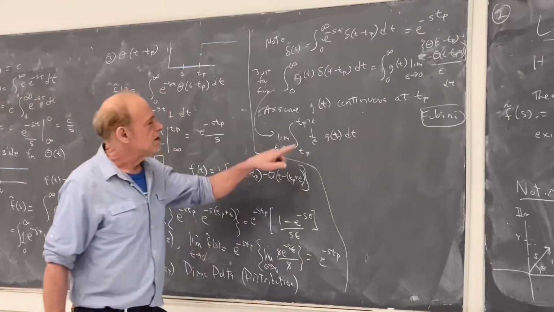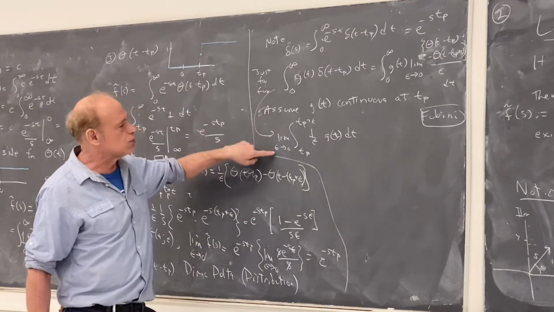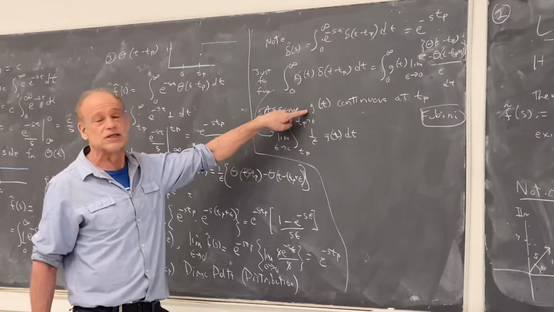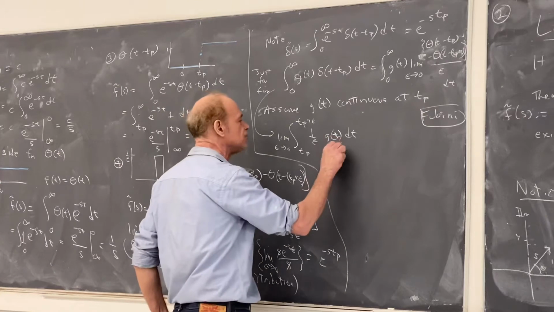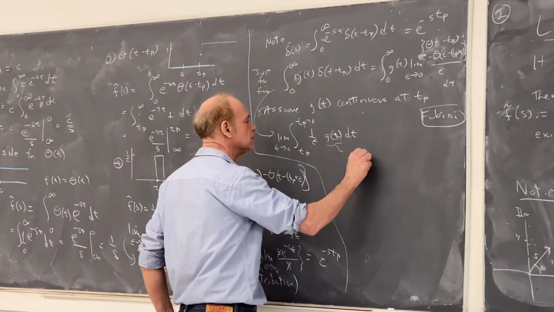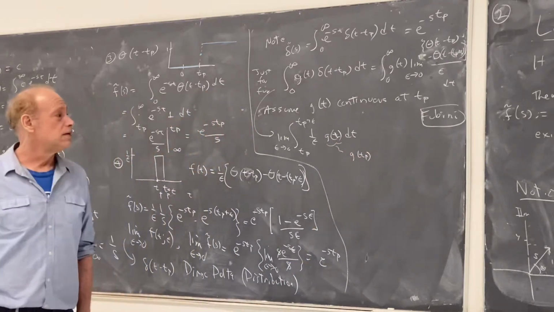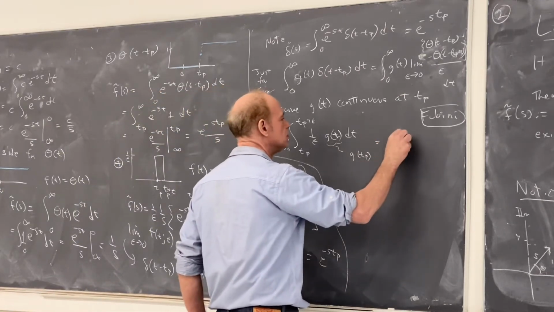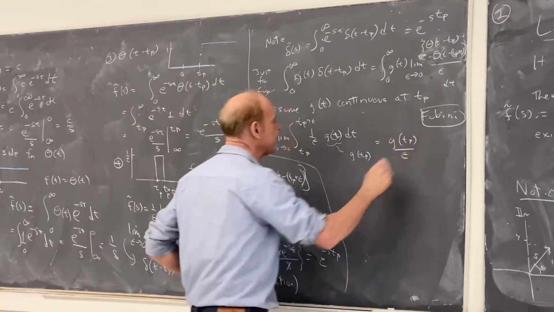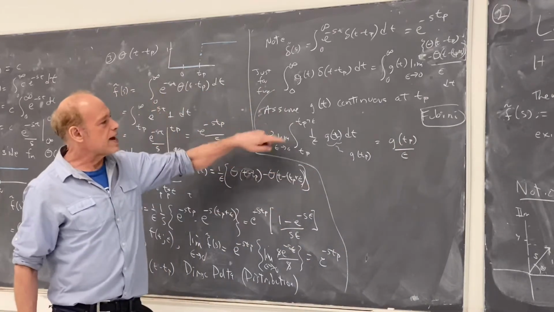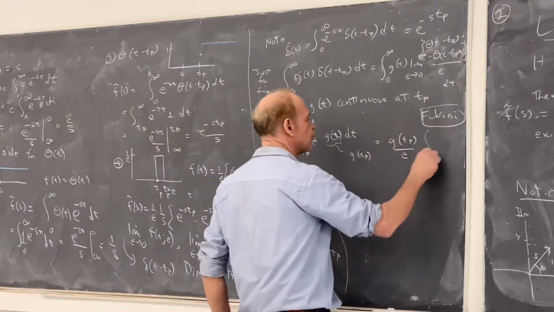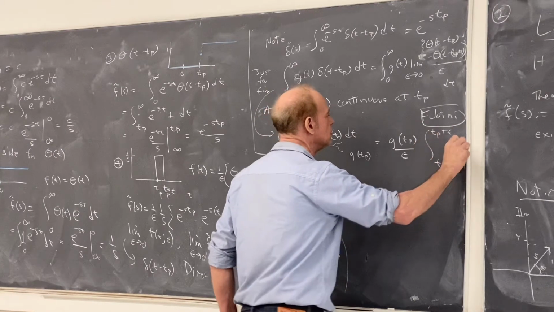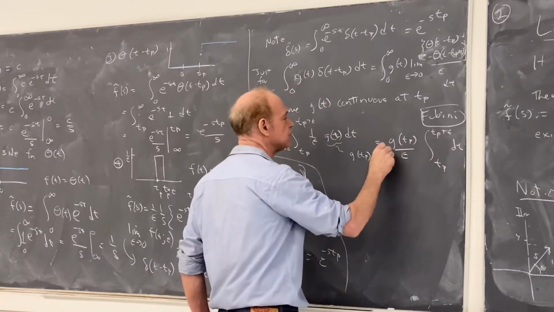And let's notice that over this very tiny region, when epsilon gets small, g of t doesn't change much because it's continuous. So I can approximate g of t by g of tp. In which case, I can pull g of tp out, and I can pull the epsilon out, and now I have the integral from tp to tp plus epsilon dt, and the limit as epsilon goes to 0.